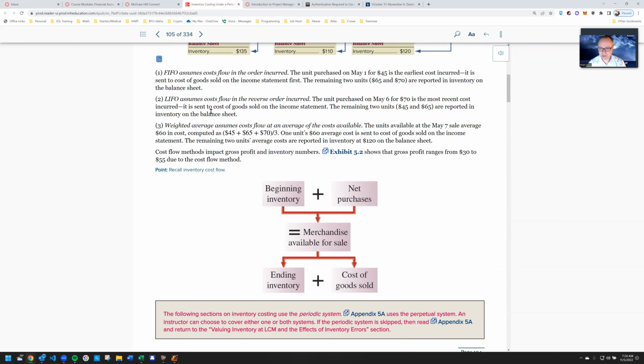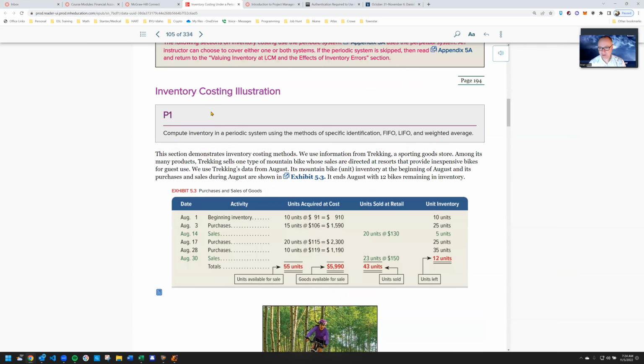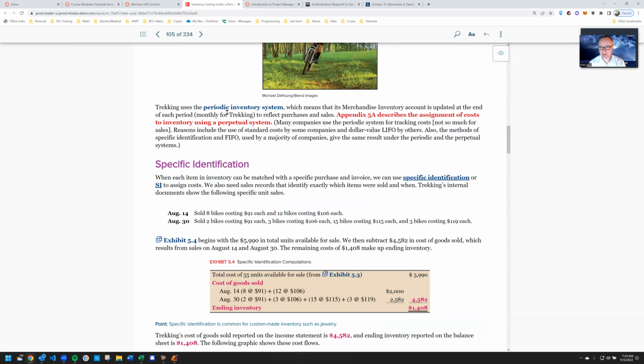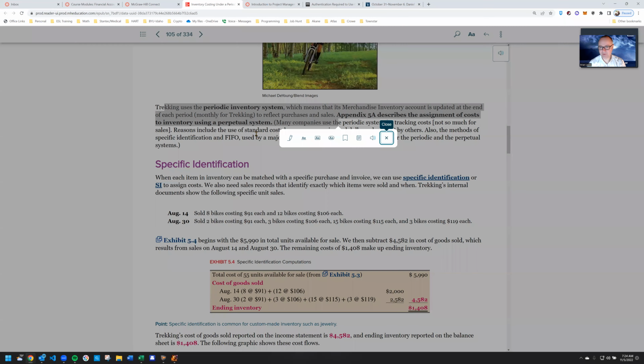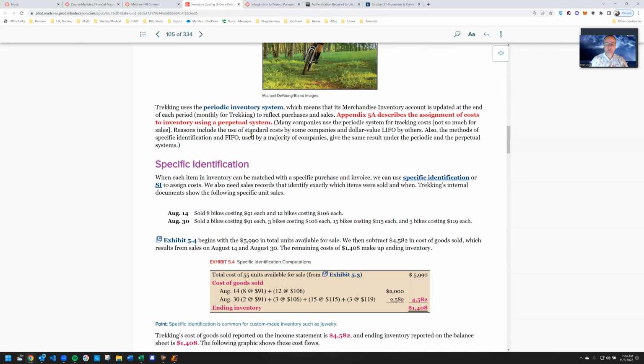Let me see if I can find where they talk about this. Periodic inventory system, right? They start talking about it here versus a perpetual system. So periodic means that you'll look at all the transactions that have happened within a month, and then figure out what came in and what came out, either in a FIFO or LIFO type of situation.